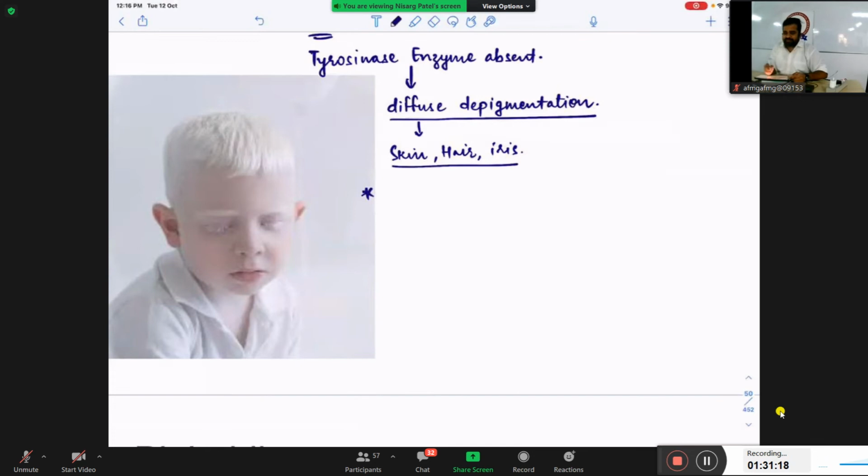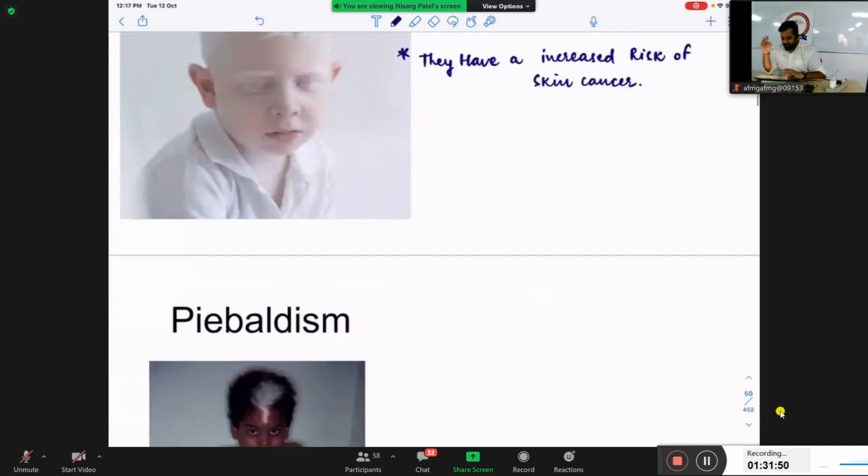What can be the side effect of this disease? Yes, they have an increased risk of skin cancer. Okay, so this is albinism.